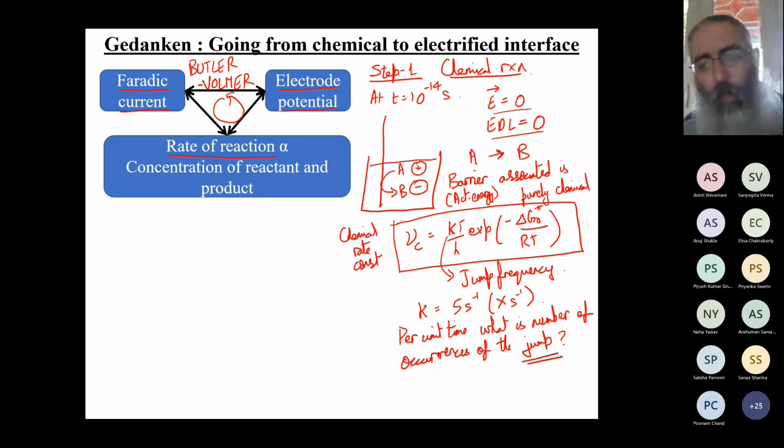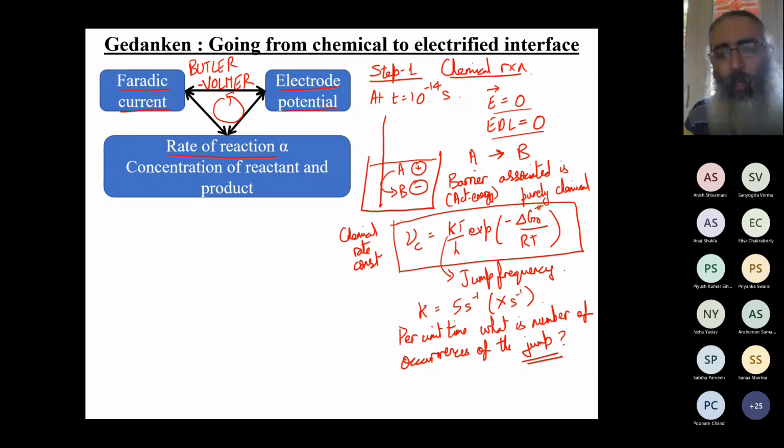The only point of difference when we want to employ this concept of chemical kinetics to electrochemistry, subsequently we will see, is that the reason why we have not defined it as a rate constant but rather call it a jump frequency is because we are interested in the charge jumping across the interface in one way or the other.